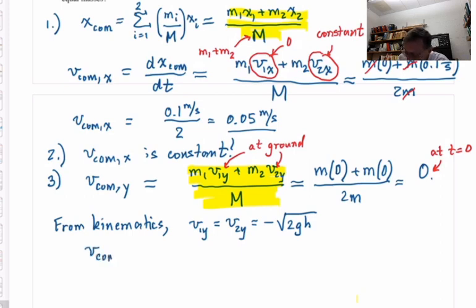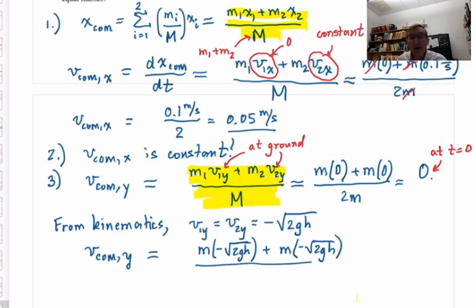for VCOM y component, just as they reach the ground. For the first particle, m times negative square root of 2gh, there's for particle 1, plus now particle 2, m times negative square root of 2gh, all divided by 2m.